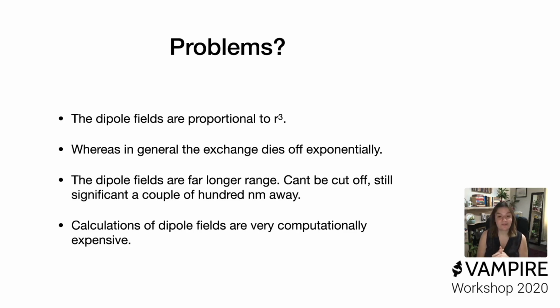They're even more significant because at this point the exchange interaction has completely died off, so the dipole fields are way stronger than the exchange interaction at these points. This means that the calculation of dipole fields is very computationally expensive because you have to calculate the interaction of every atom in the system with every other atom in the system.